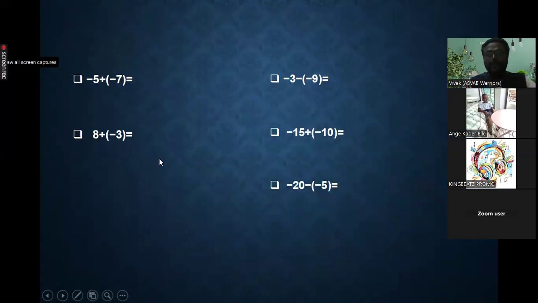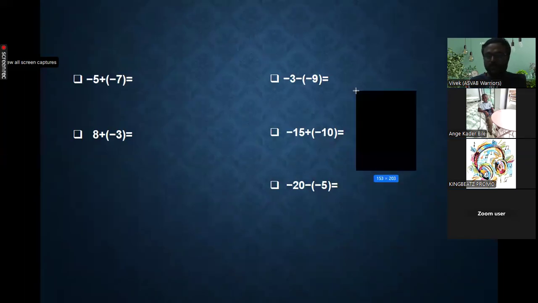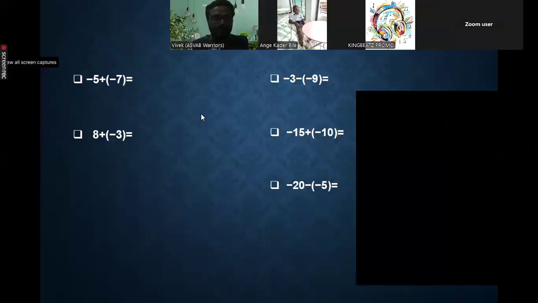Okay. So guys, I will solve the last 2 questions and I want you to solve the first 3 questions. So let me solve it first. Always try to eliminate the middle signs first. So here, I'll write down the question, -15 plus -10.